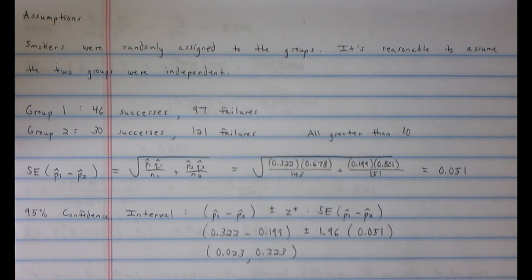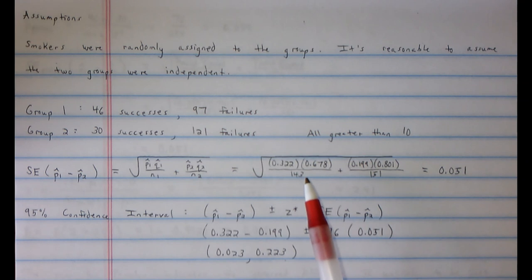So let's start by calculating the standard error of p1 hat minus p2 hat. We'll use the observed sample proportions in place of the true population proportions. p1 hat is 0.322. q1 hat would be 1 minus 0.322.